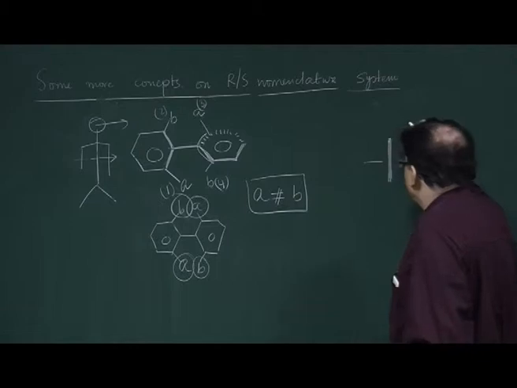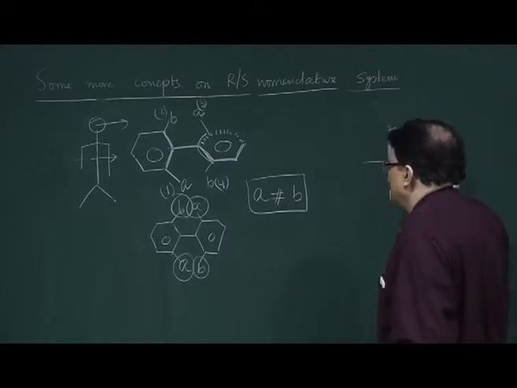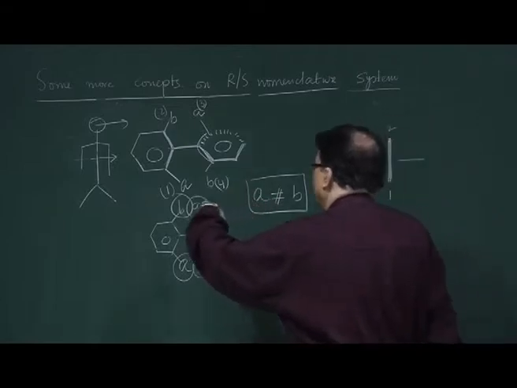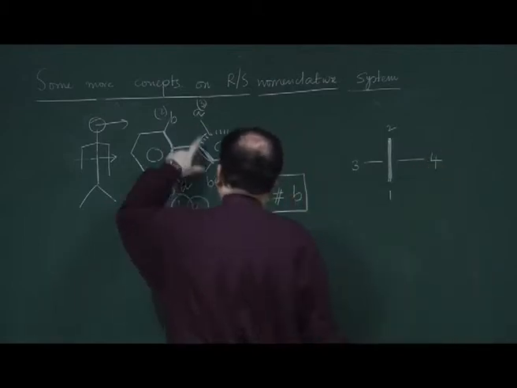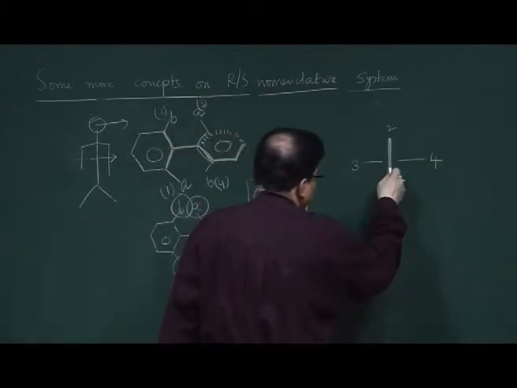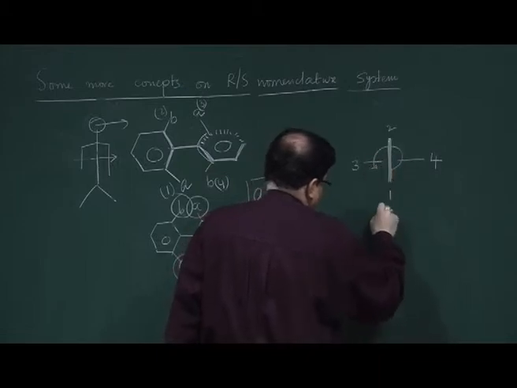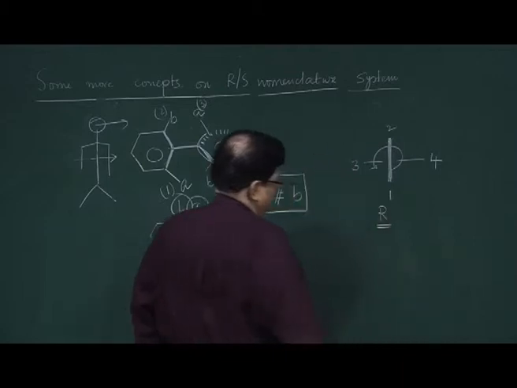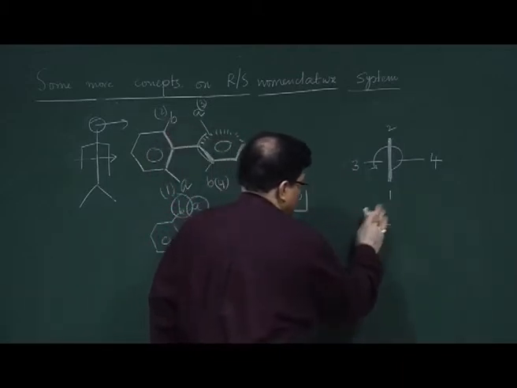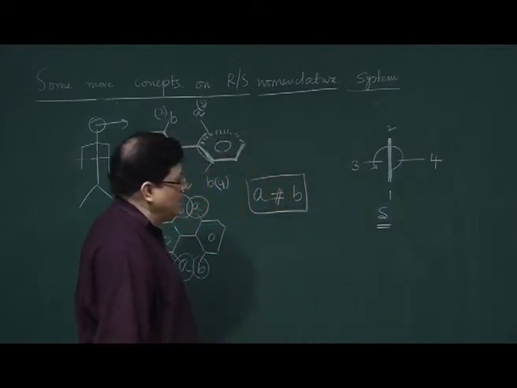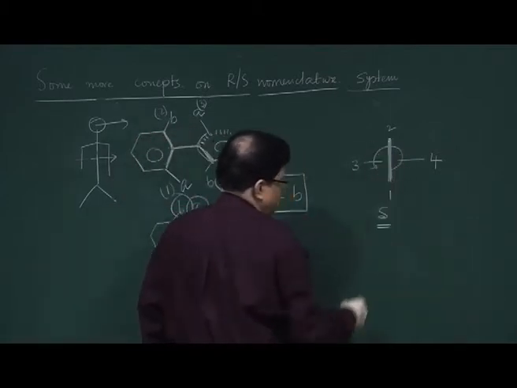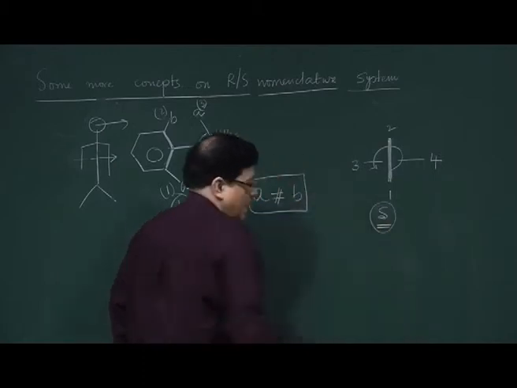So, you now convert it, this should be your 2 and this should be your 1, and now that goes to your left side, the number 3 goes to your right side. If you do that, 1 to 2 to 3 is, sorry, anti-clockwise. This is anti-clockwise, 1 to 2 to 3, so this is an S molecule.